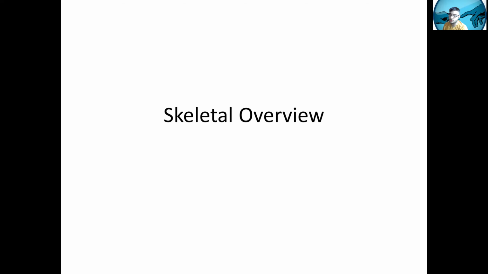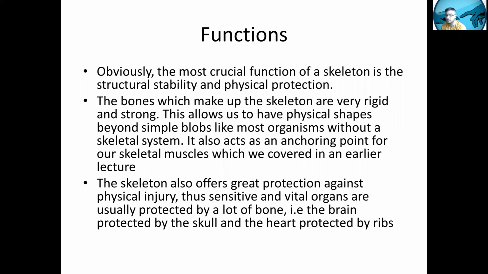First, let's do an overview of the skeletal system as a whole. As for the functions, obviously the most crucial function of a skeleton is the structural stability and physical protection of the body. That should be pretty easy to understand.